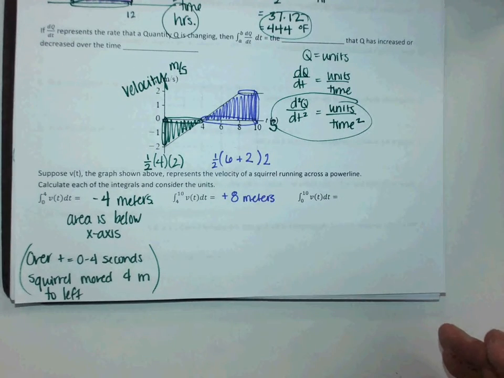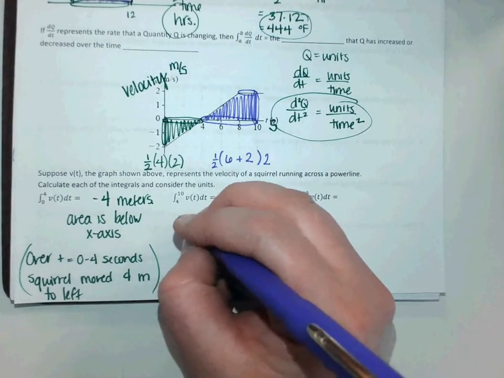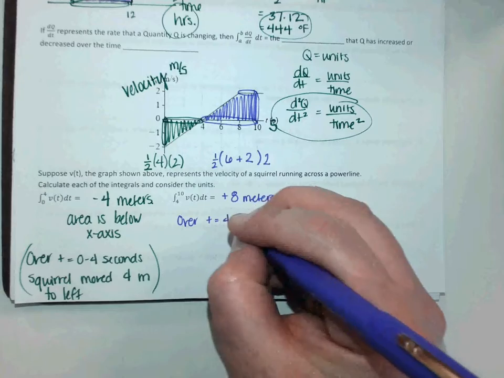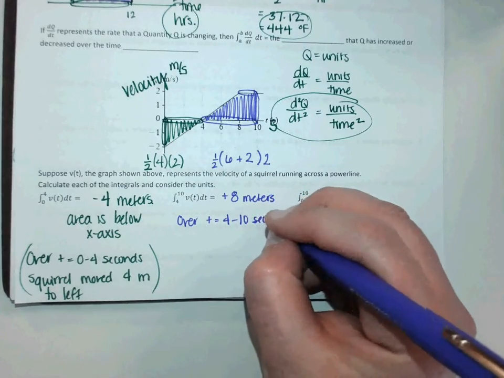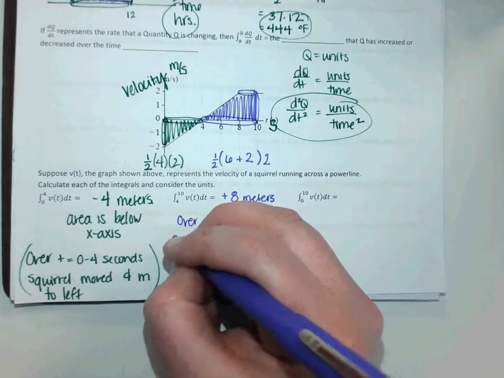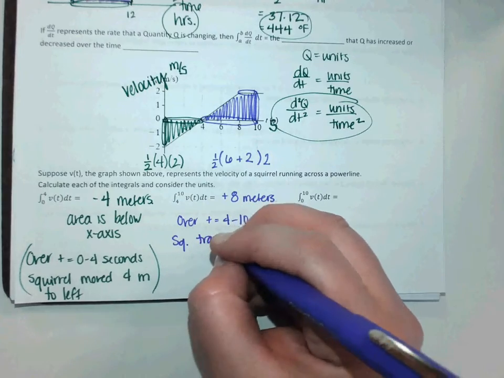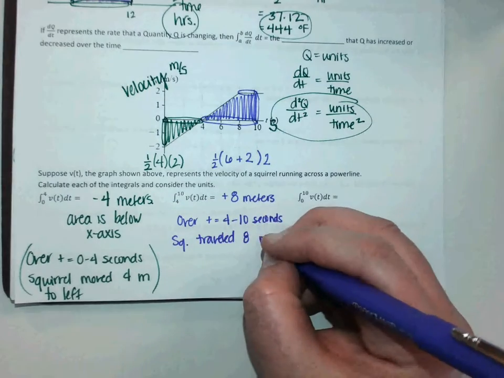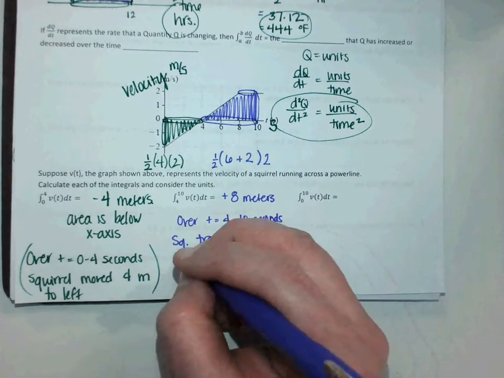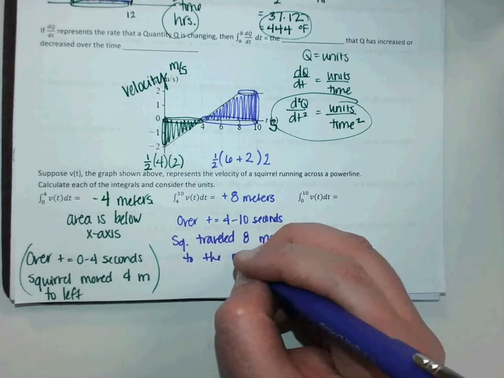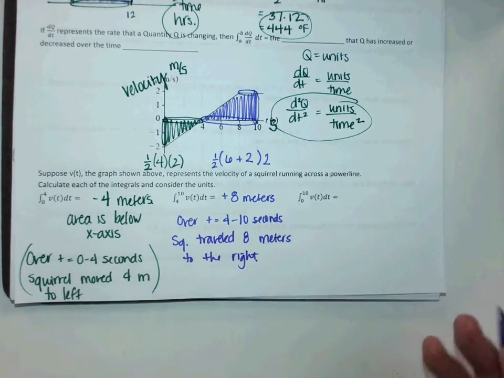Okay, cool. So then from there, we would say over t equals 4 to 10 seconds, the squirrel traveled 8 meters to the right. Okay?